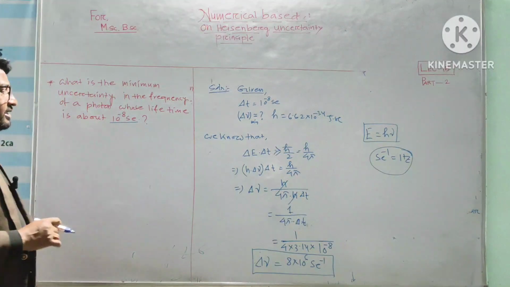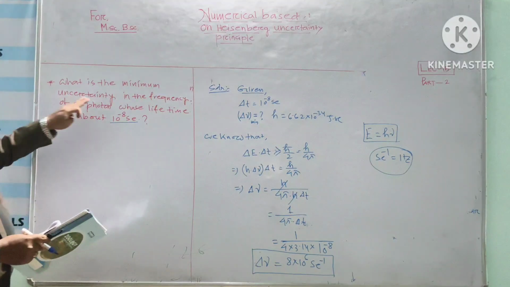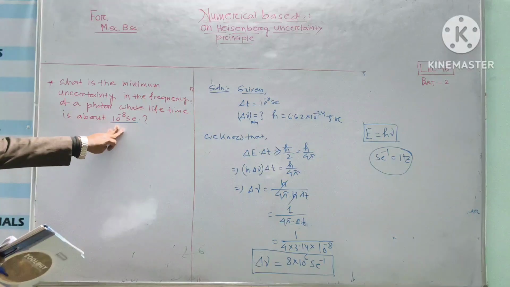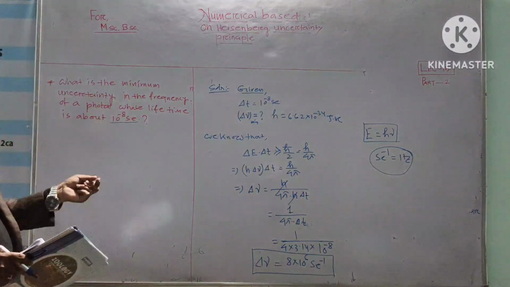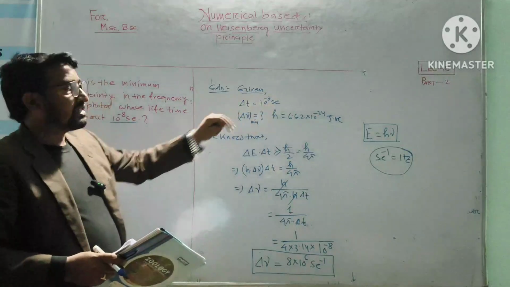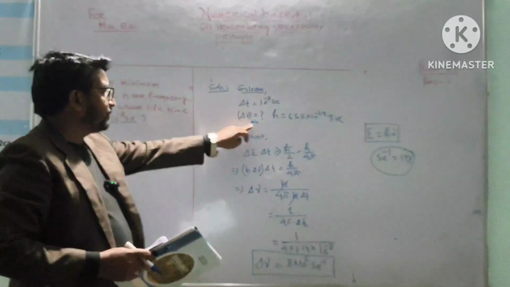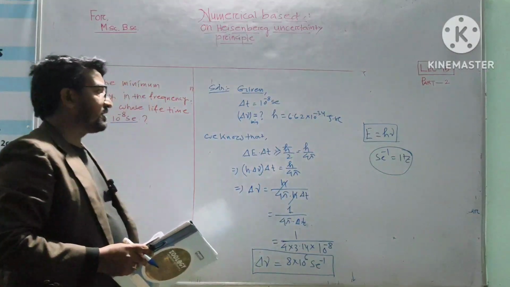For your better understanding, I am going to repeat this once again. What is the minimum uncertainty in the frequency of a photon whose lifetime is about 10 to the minus 8 seconds? This 10 to the power minus 8 second is the uncertainty in time, so delta T equals 10 to the power minus 8 second, and we need to find delta nu minimum, with h equal to 6.62 into 10 to the minus 34 joule second.